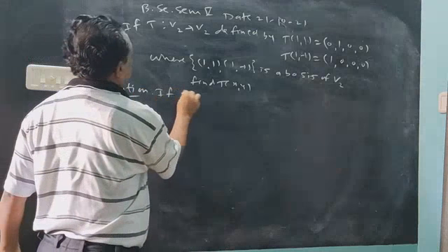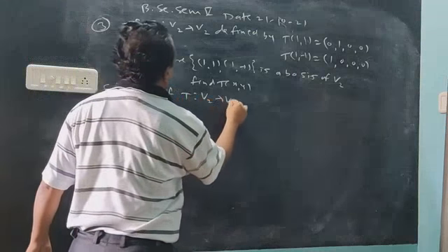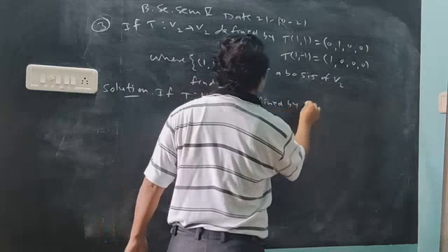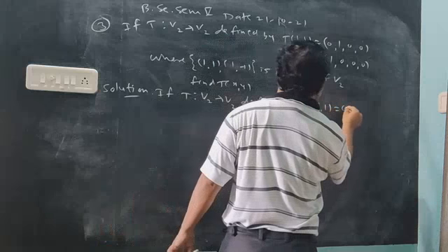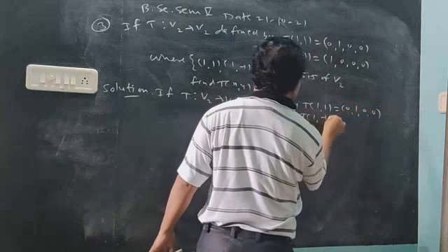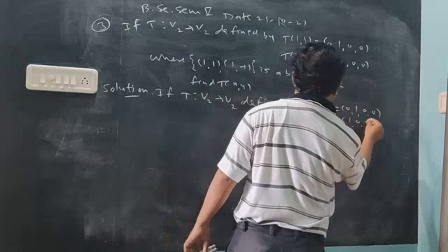So T is a mapping from V2 to V2 defined by this and the second one this.